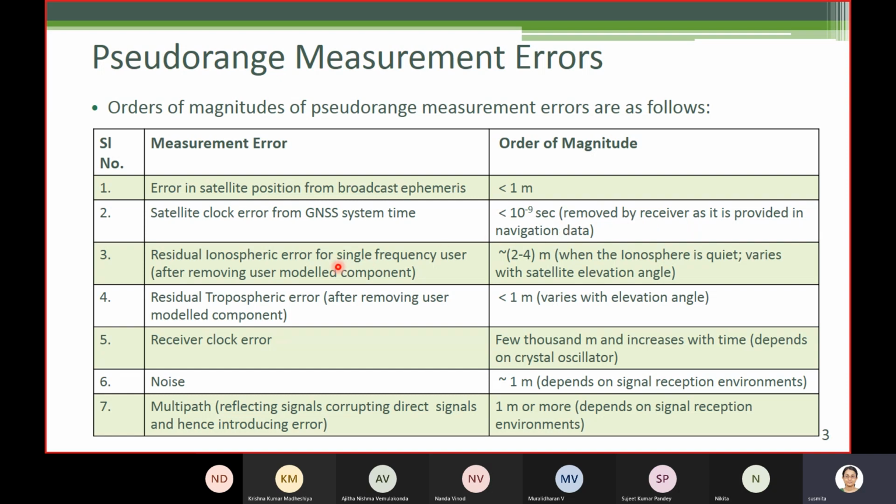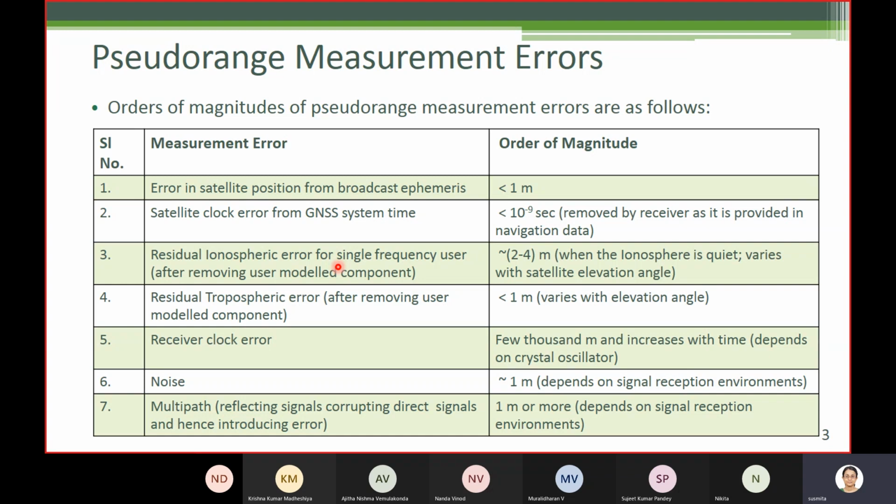Now we know that ionospheric error plays a major role in the pseudo-range measurement error. It is generally the most dominant component. Using dual frequency measurements, the receiver can eliminate the ionospheric error completely. We discussed this in the class.